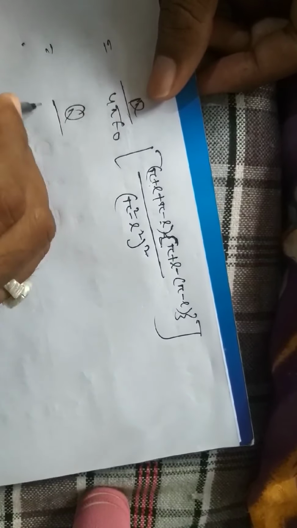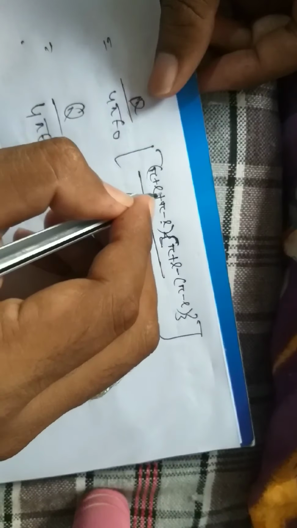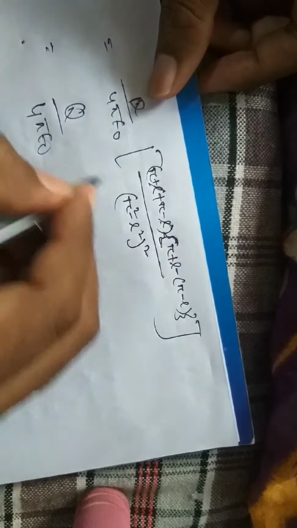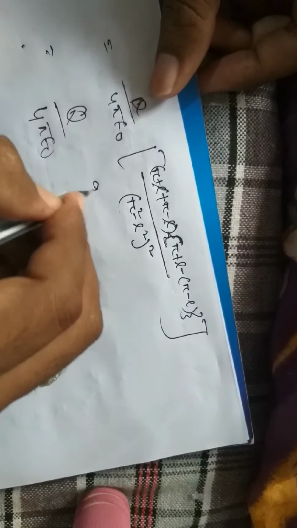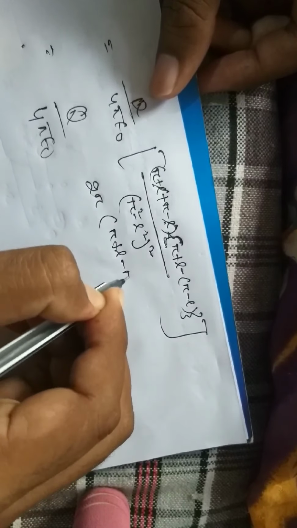So that means q by 4 pi epsilon naught, if you cancel out the L, and here also, that is 2r into r plus L minus r plus L.